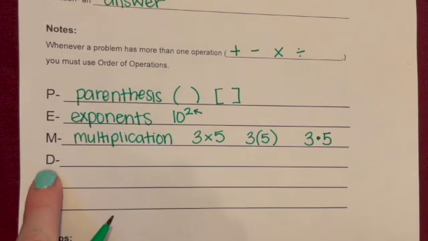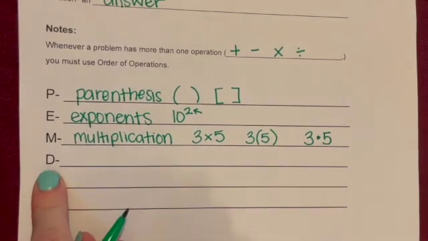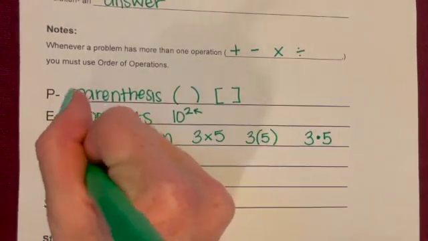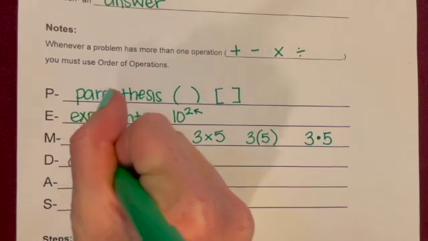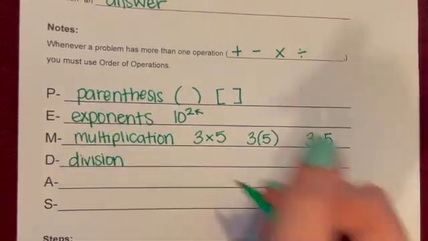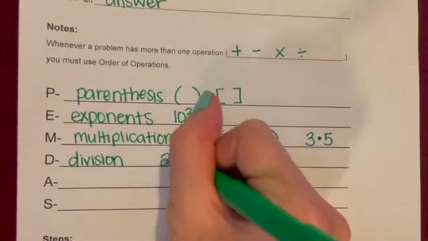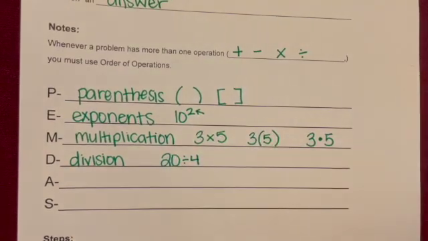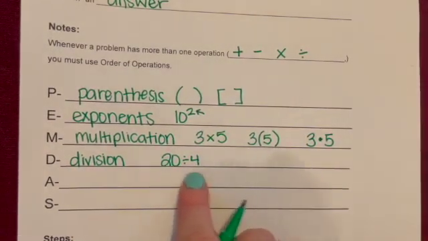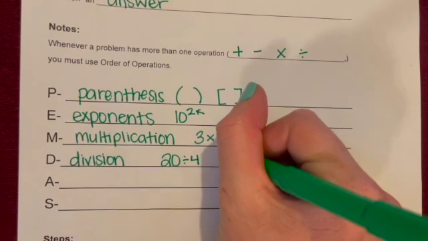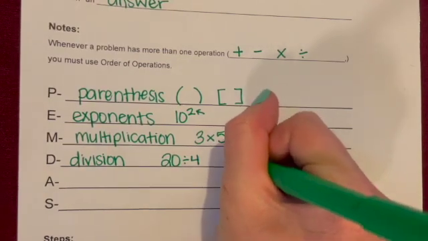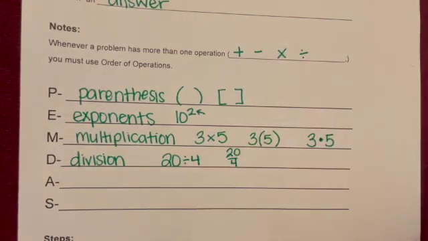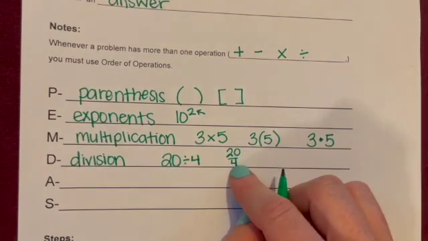Okay, next order of operation is D, or division. And we might be familiar with 20 divided by 4. This is our standard form that we're used to. And a new form that you might be familiar with is fractions. 20 divided by 4.